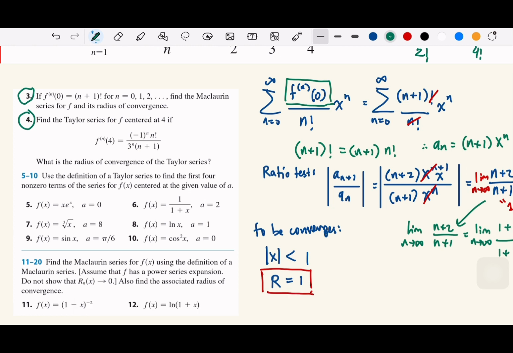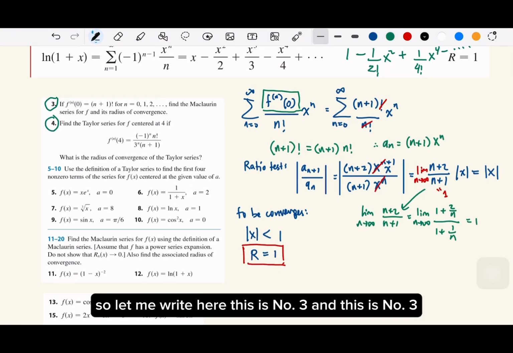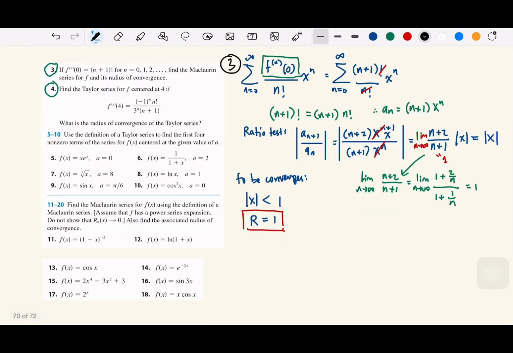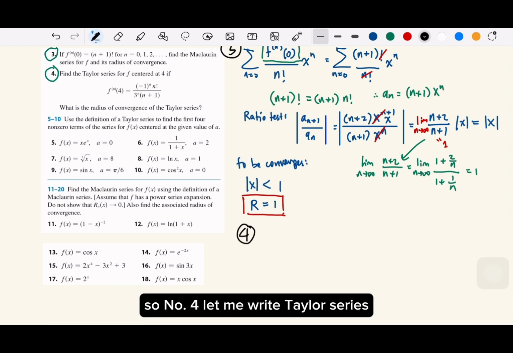That's the first thing. So let me write here. This is number 3, and let's say number 4 is here. So number 4, let me write the Taylor series.